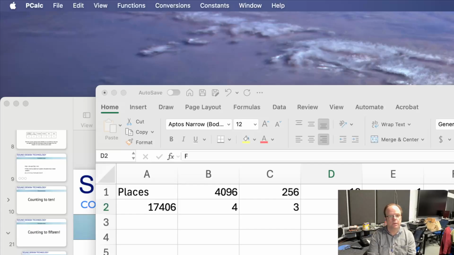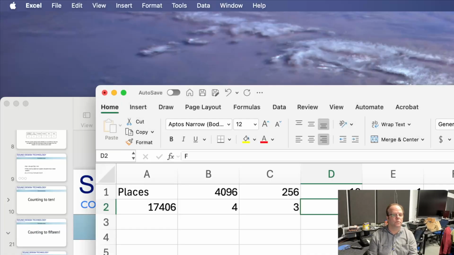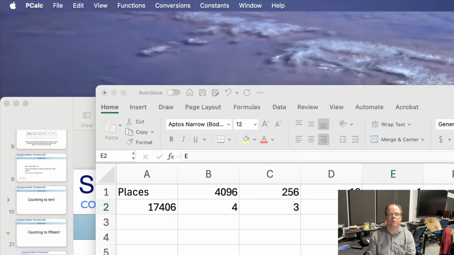So what do I have left? 17,406 minus the 17,392 I've already accounted for. I'm left with 14 that I haven't accounted for. So that means I've got to do 14 ones. What digit do I use for 14? E. So the number is 43FE. Let's check our work. 43FE.